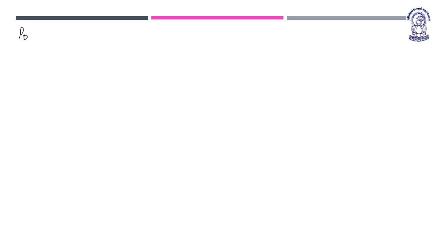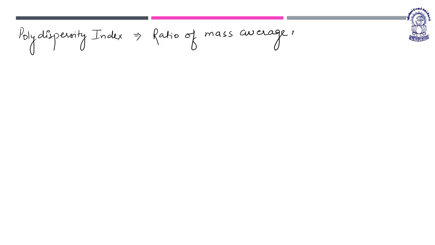Now there is a term polydispersity index. It is a ratio of Mw, that is mass average molecular mass, and Mn, number average molecular mass.